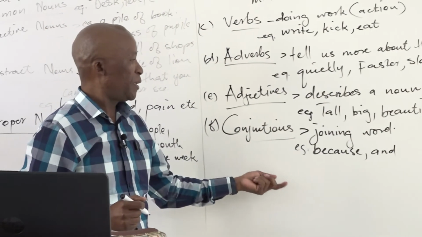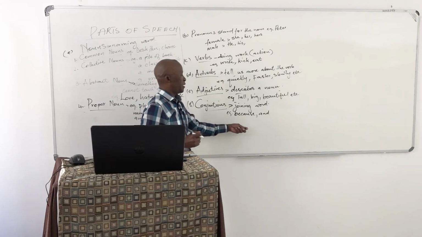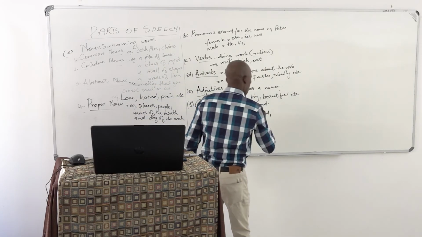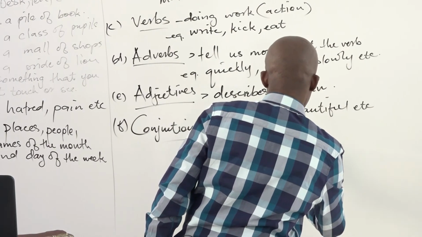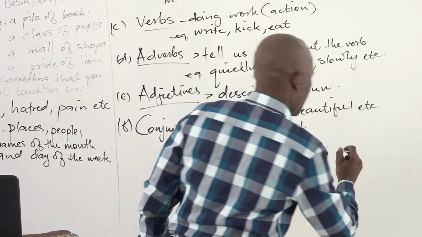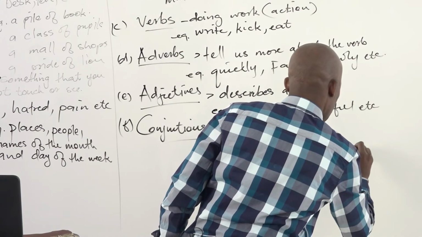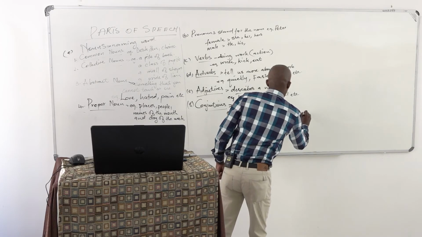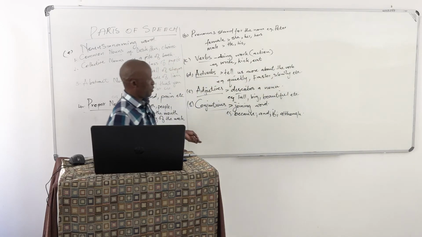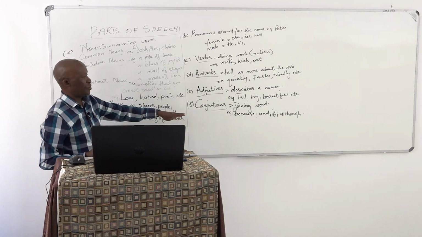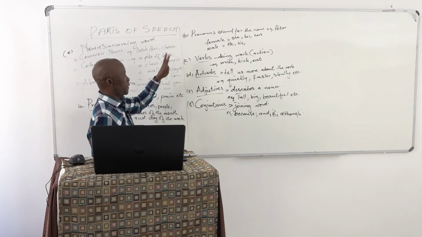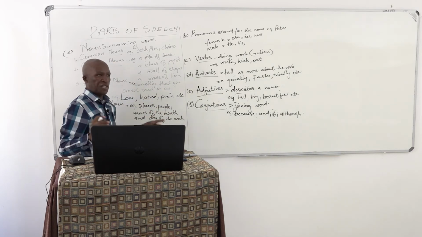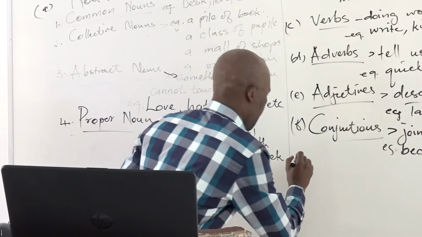This is a simple word that is joined by a conjunction. And we also have if. Those are examples of conjunctions that we normally use. We also have conjunctions such as although. These are examples of conjunctions that we have. It's also under parts of speech. Remember, we will explain this further and give examples of sentences at a later stage.